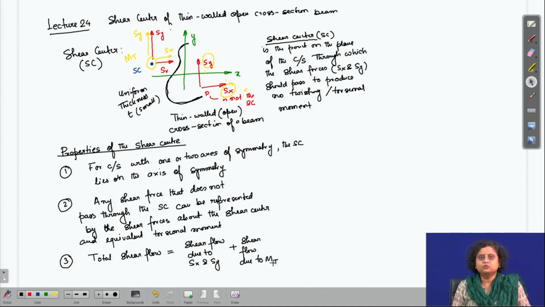Now, let us move on to an example which will help us understand the concept of shear center with better clarity.